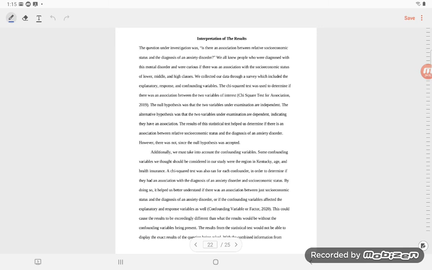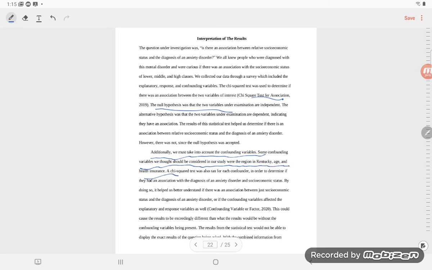Interpretations of results. Okay, here they go through and they talk about the chi-square tests and what those meant. They mention the null hypotheses again. They say they take into account the confounding variables.